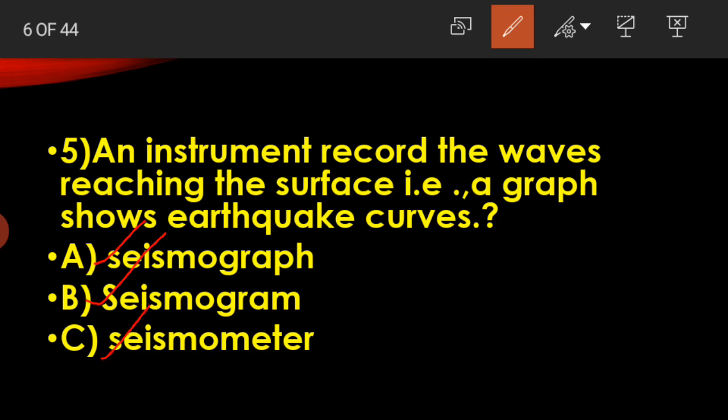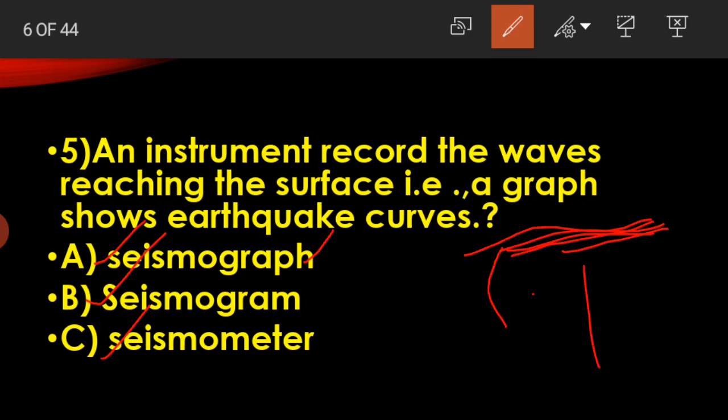Here the correct answer is, for explanation, an instrument called seismograph records the waves reaching the surface. That is, a graph shows earthquake curves of 3 distinct sections, each representing different types of wave patterns. Okay, the seismograph records the waves reaching the earth surface.